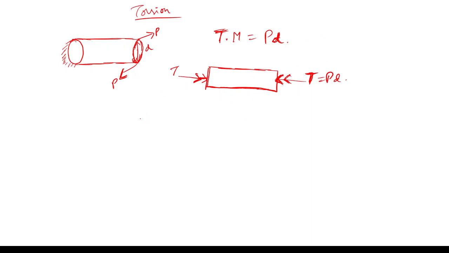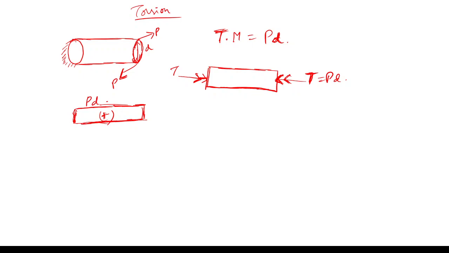So here, this is a positive twisting moment. So if I draw the twisting moment diagram, it will be positive. I think we have seen all these things before SFD, with respect to the free body diagram. This P into D.